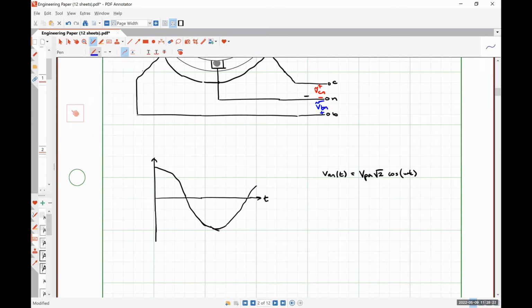And then our blue curve that I'm going to superimpose on top of this should be something like this, where this is representing VBN as a function of time, or VPB times the square root of 2 cosine omega t minus 120 degrees.